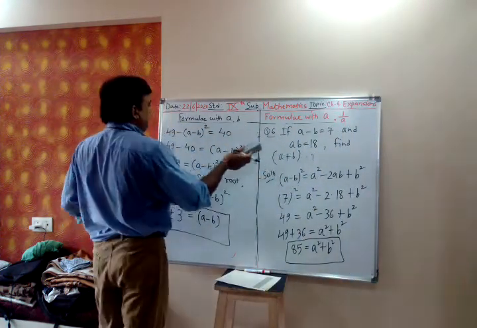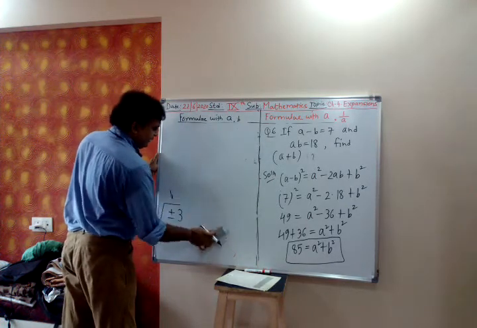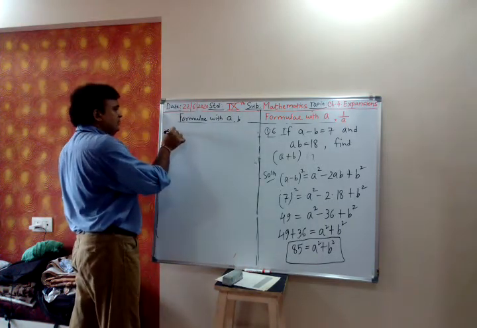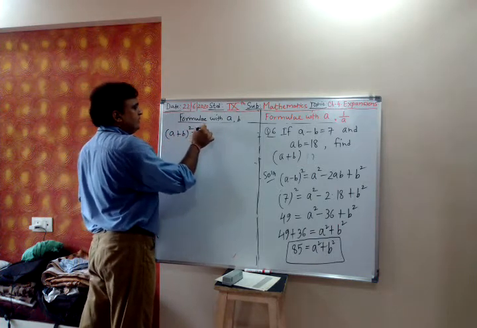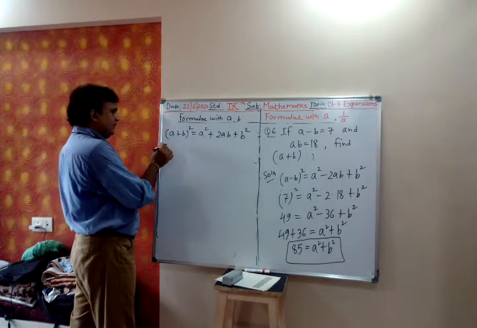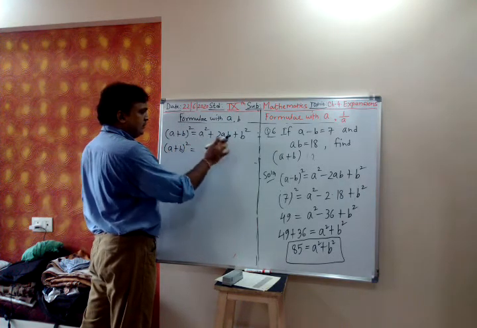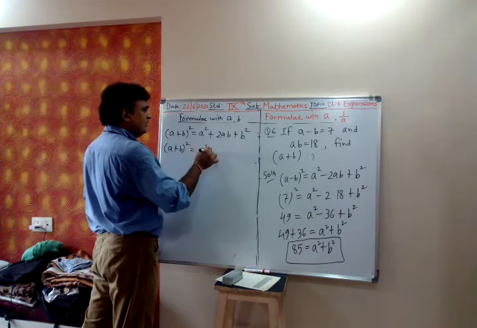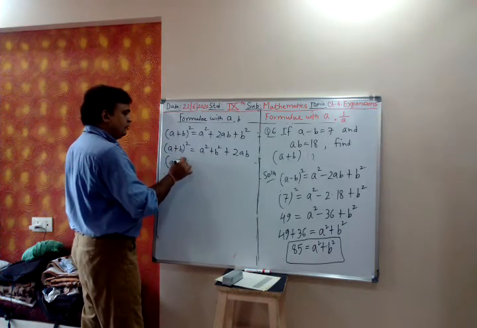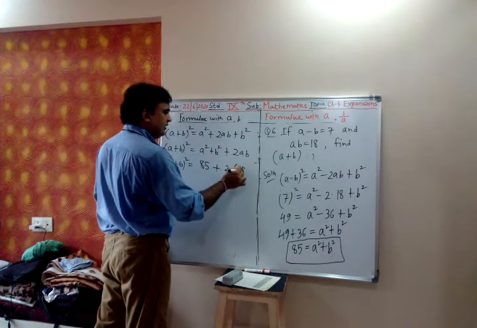Now we want to find a plus b. So I will consider a plus b whole square and simplify. a plus b whole square is a square plus 2ab plus b square. The value of a square plus b square is 85, plus 2 into ab, ab is 18.